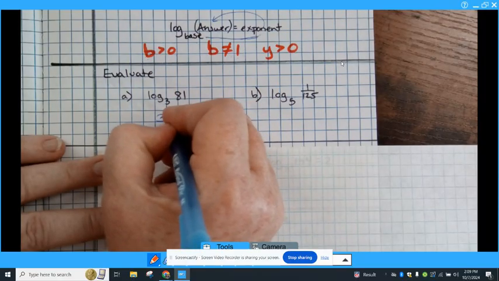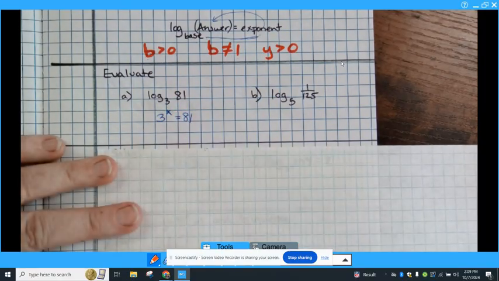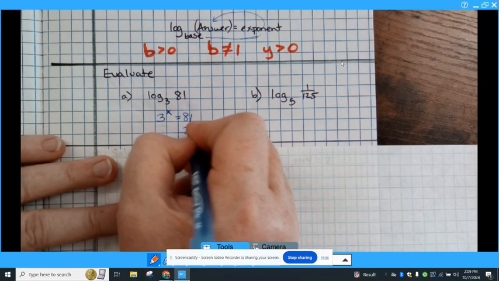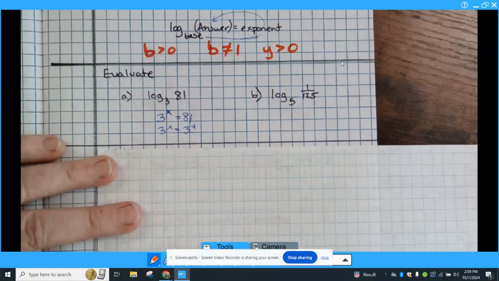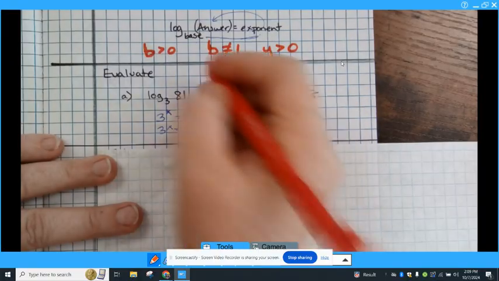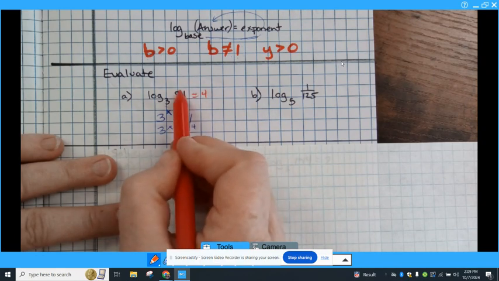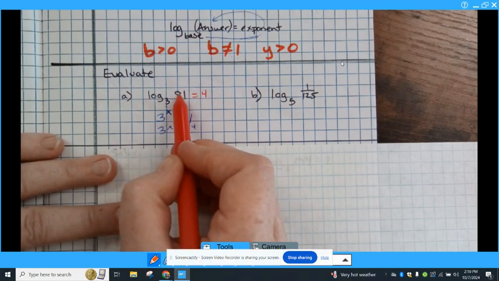So our base to our unknown is equal to 81. Well, I can rewrite 81 as 3 to the 4th. So it's got to be equal to 4. So 3 to the 4th is 81. We're making that circle. 3 to the 4th is 81.